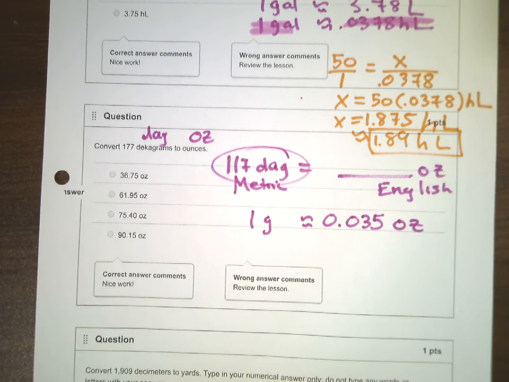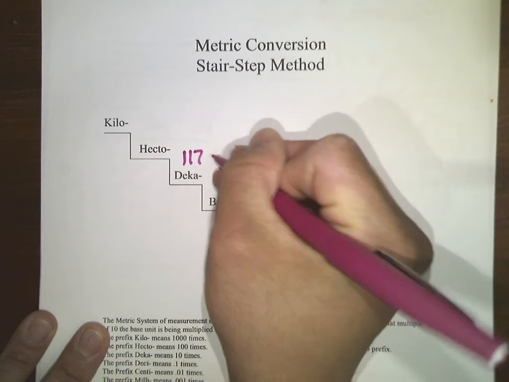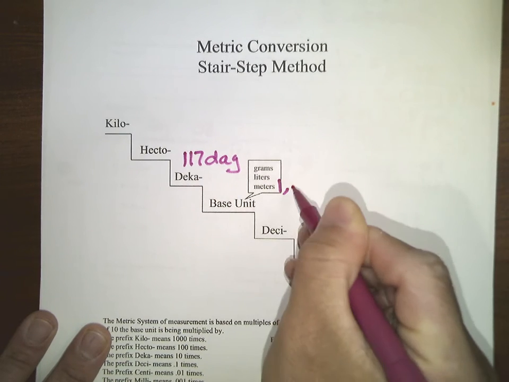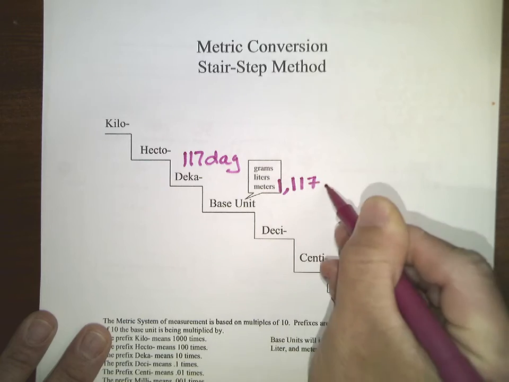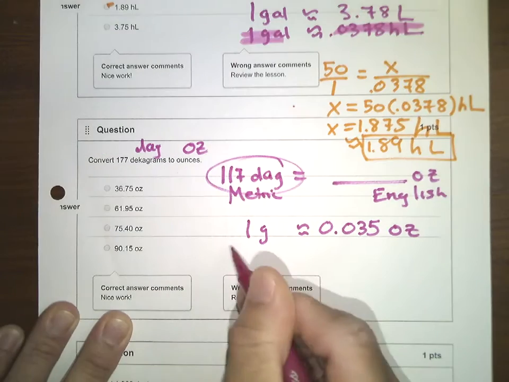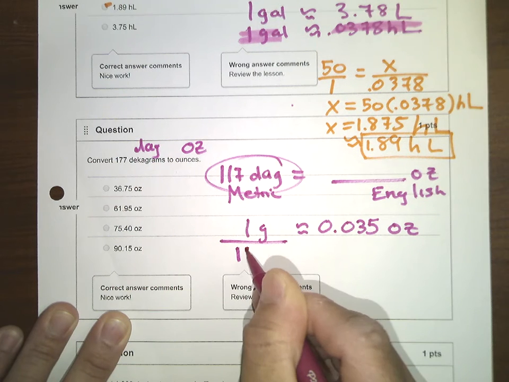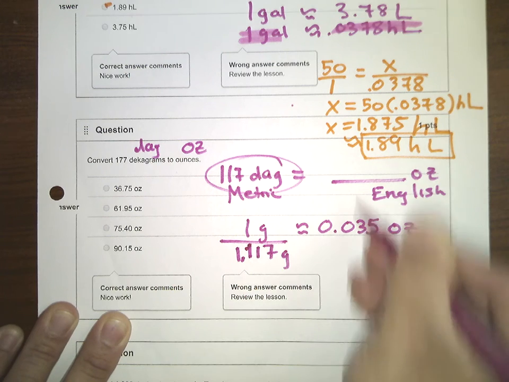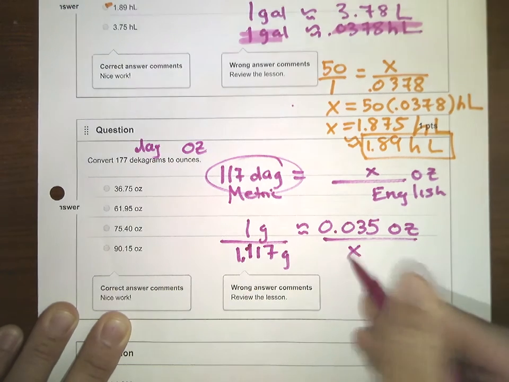So now what we need to do is change the 117 decagrams to grams. So here is a metric staircase again. So 117 decagrams to grams. That would give us 1,117 grams. So 117 decagrams is 1,117 grams, and that will be equal to X ounces.